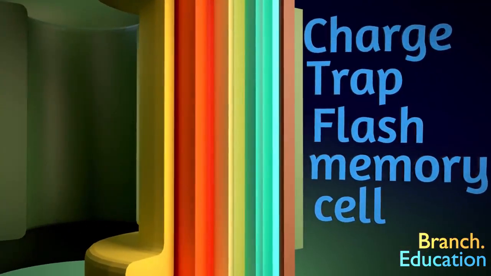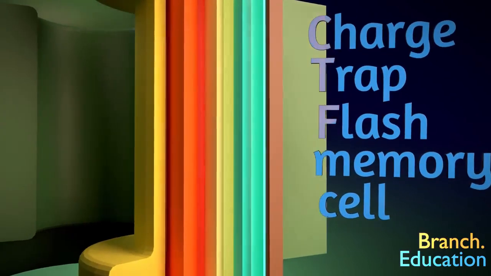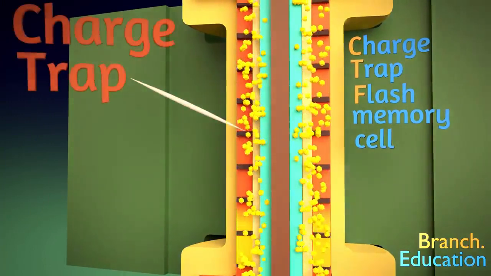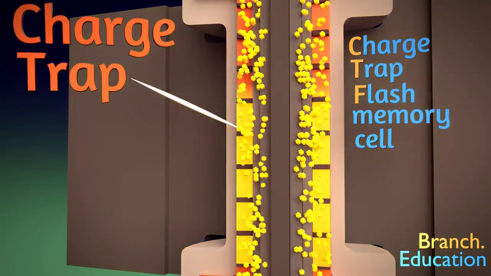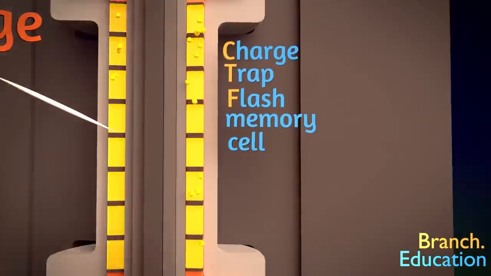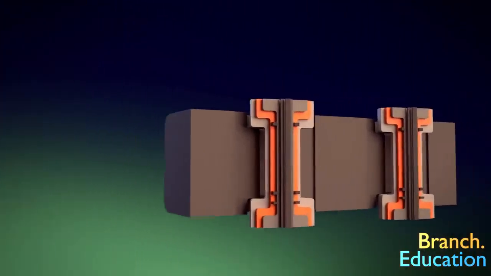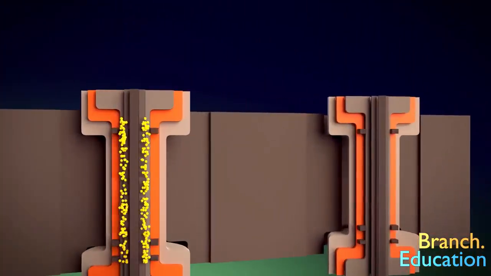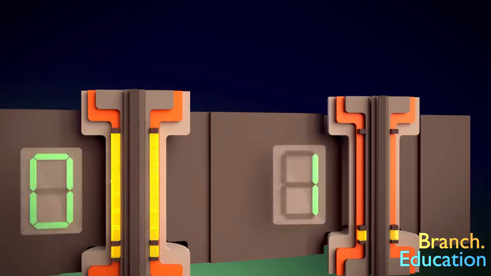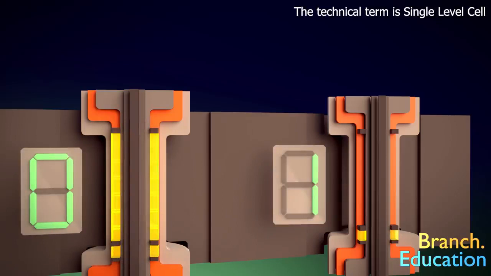So, how does it work? Well, in each cell we can store information by placing different levels of electrons onto a charge trap, which is the key component inside the memory cell.